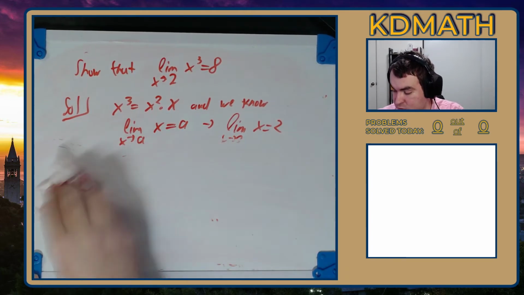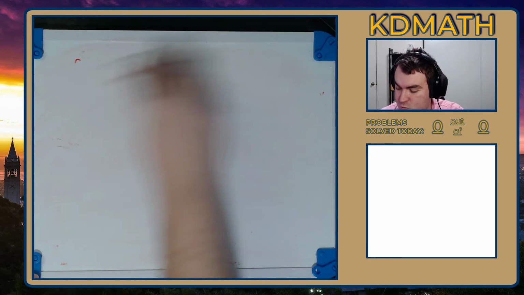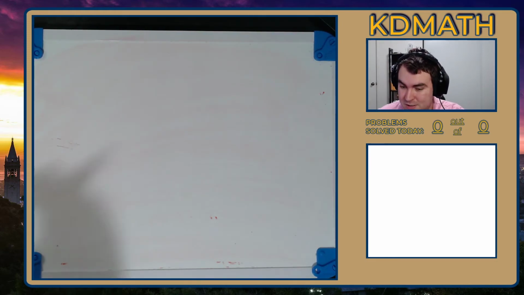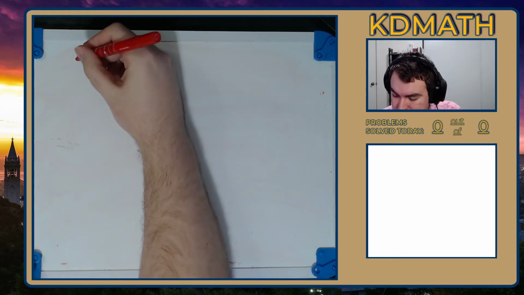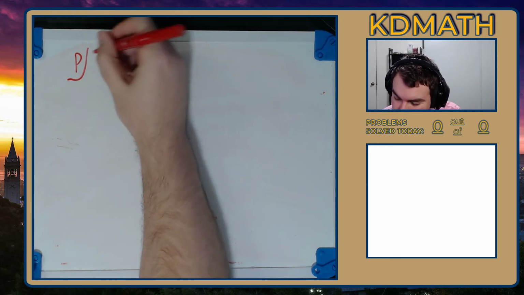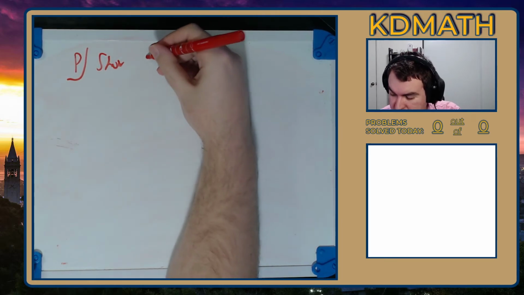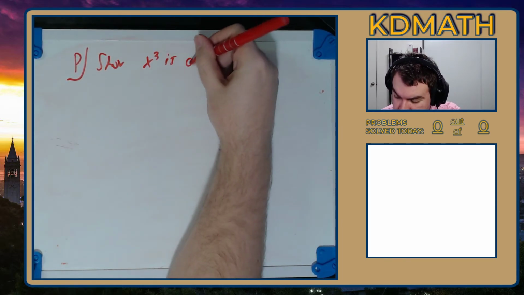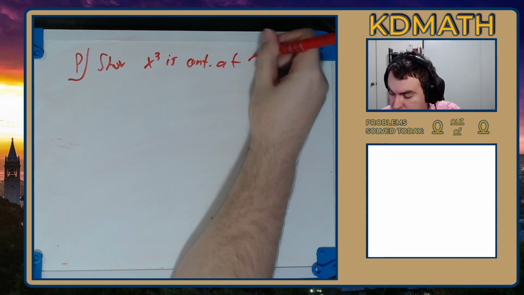Functions that we could ask you to show are continuous are just the polynomials, which is why I spent so much time today talking about these polynomials. Right. So, problem: show x cubed is continuous at 1.